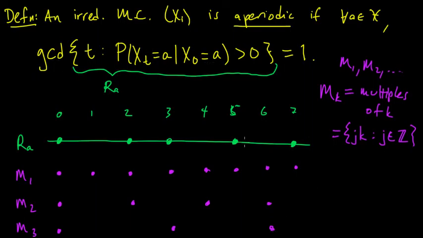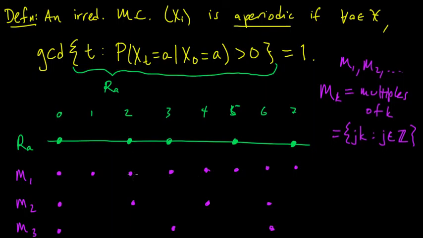And what is this saying? Now that we have this picture in our heads, first observe that RA, this set of times, is contained in M1, right? That's obvious.